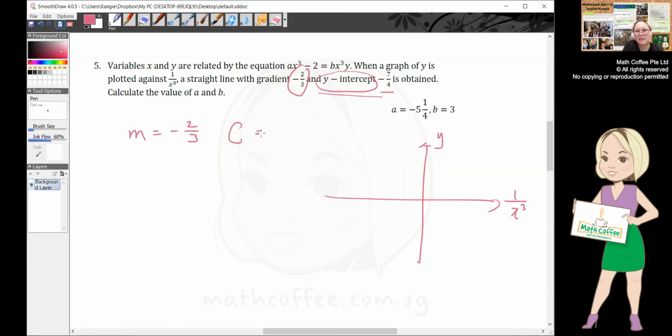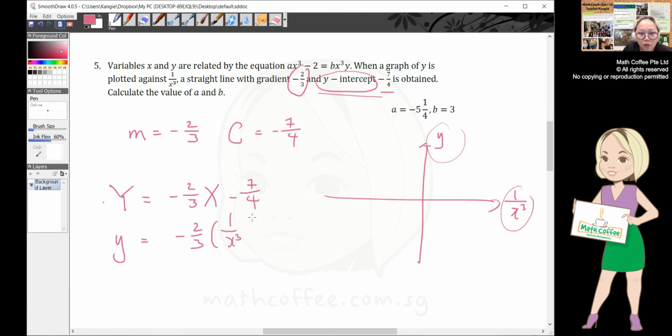My big C is equal to negative 7/4. So when we write out the equation, it is actually y equals minus 2/3 x minus 7/4. Then after that, what I'm going to do is replace it with this one. So my big Y is small y, minus 2/3, my big X will be 1 over x cubed, and then minus 7/4.